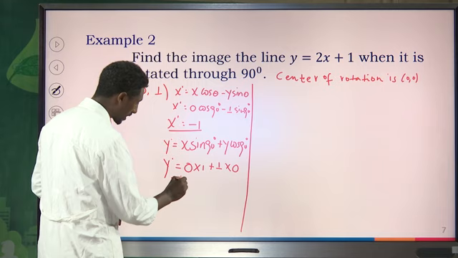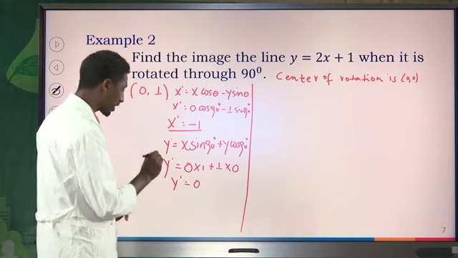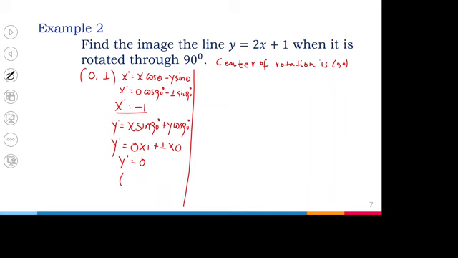So y prime equals 0. Therefore, the image of (0, 1) is (minus 1, 0). Good, because x prime is minus 1 and y prime is 0. This is one point.